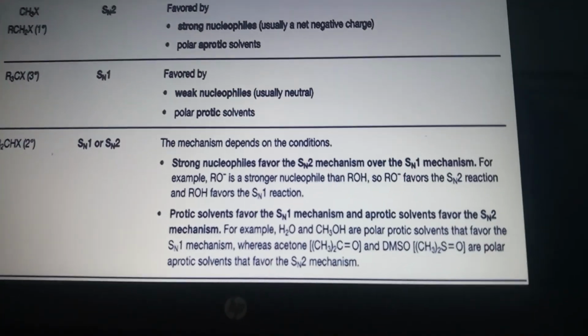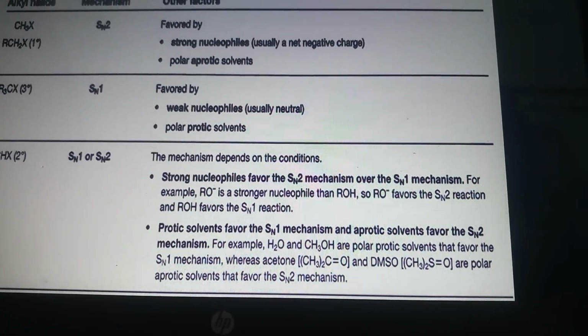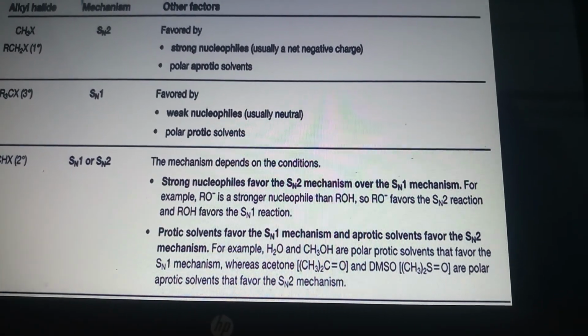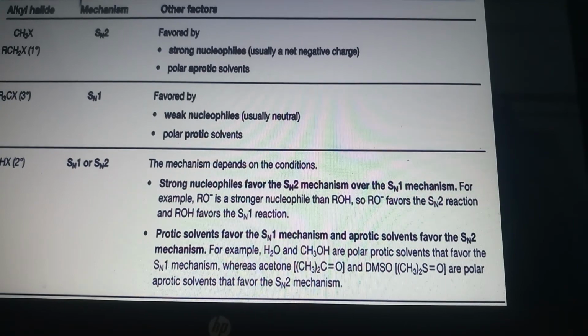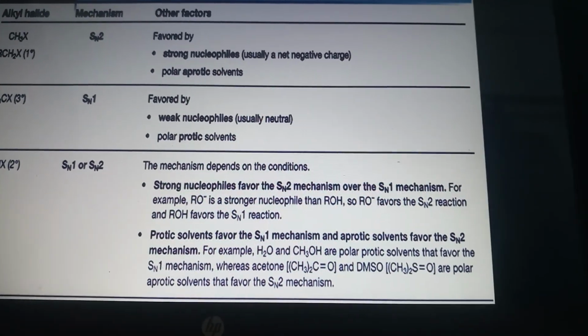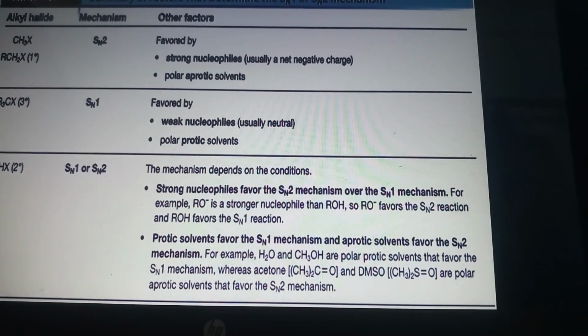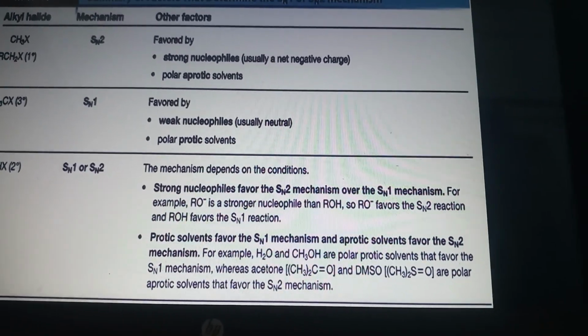Protic solvents favor the SN1 mechanism and aprotic solvents favor the SN2 mechanism. For example, water and alcohol are polar protic solvents that favor the SN1 mechanism, whereas acetone and DMSO are polar aprotic solvents that will favor the SN2 mechanism.